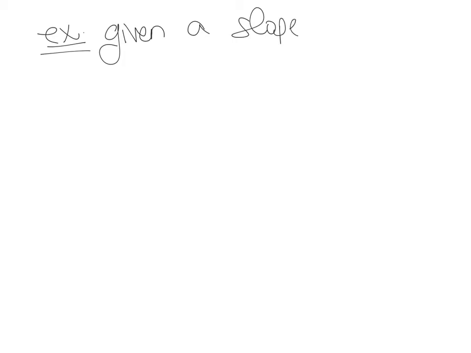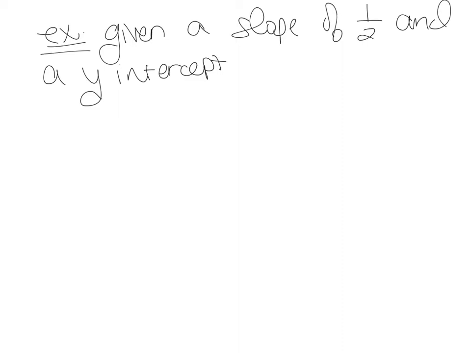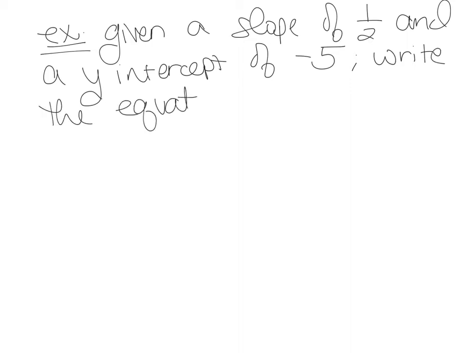So I'm going to write this one on the board, and I want you to pause this video once you get it copied down, and I want you to answer it on your own. Given a slope of 1/2 and a y-intercept of -5, write the equation of a line.